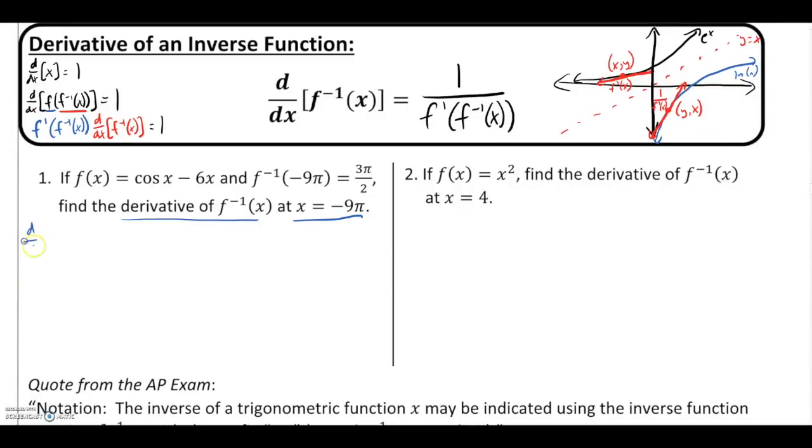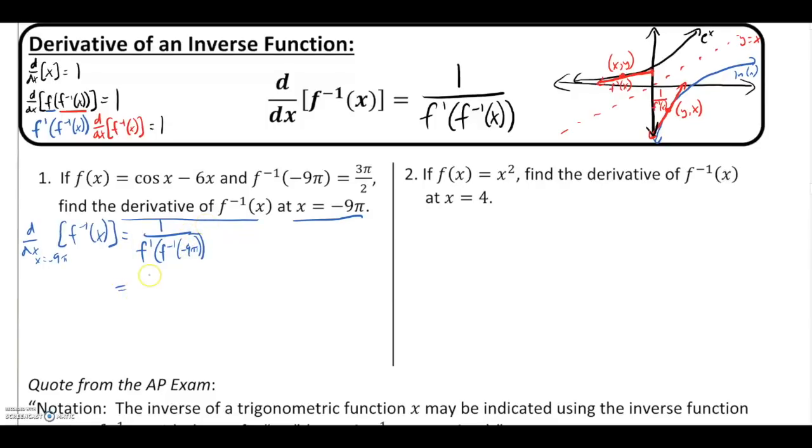So what I'm looking at is the derivative with respect to x, and I'm going to write down a little subnotation to say at x equals negative 9 pi for the inverse function. Well, how we're going to define that is 1 over f prime of f inverse of negative 9 pi.